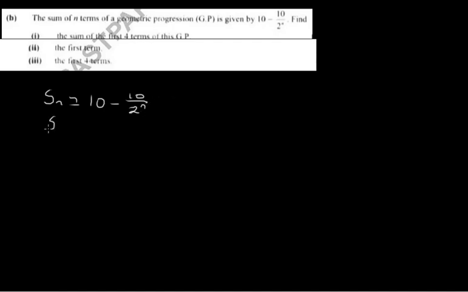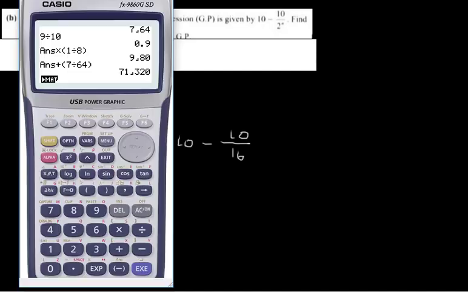So we'll say S4 equals 10 minus 10 over 2 to the power 4, right? This gives us 10 minus 10 over 2 to the power 4. 2 to the power 4 is simply 2 by 2, 4, 16. So we have over 16, right? And we would use our calculator at this point.